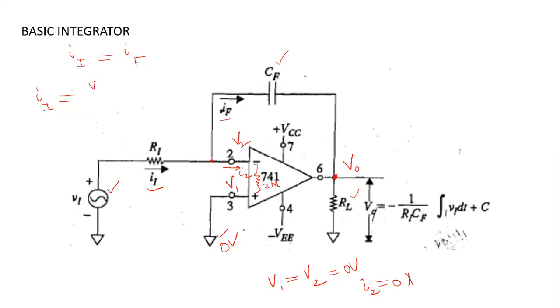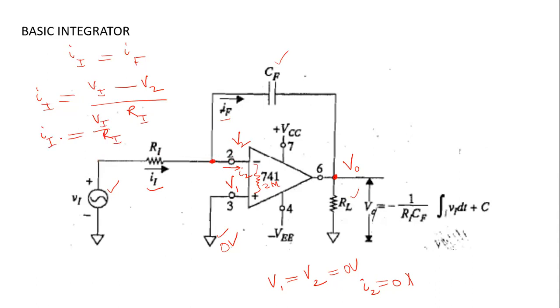On the left side, the potential you supply is Vi, on the right hand side the potential is V2, the voltage at pin number 2. This is something we already discussed with the inverting configuration as well as the differentiator. Here V2 is 0, so Ii is equal to Vi upon Ri.